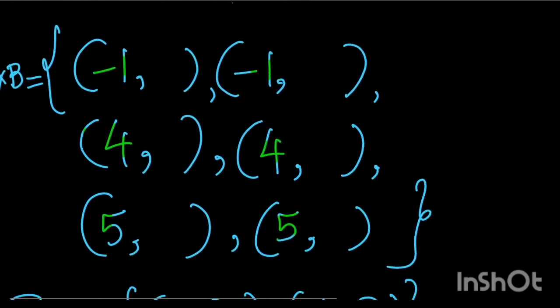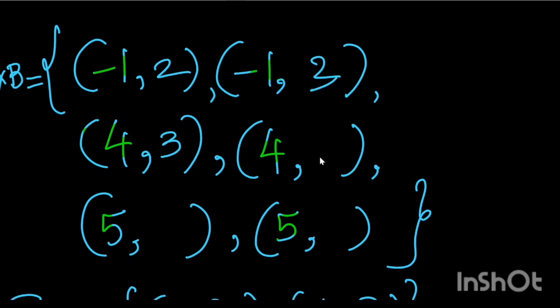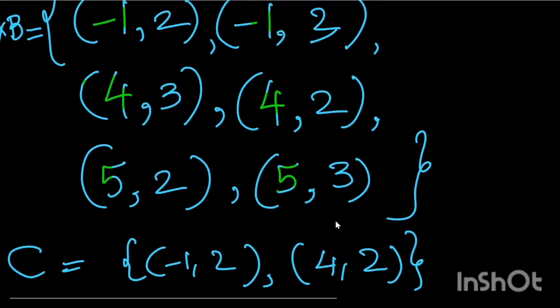So -1 is mapped to 2, then 4 is mapped to 2 and 3. So this is 3. I have written first, okay, then 2, 3. So that way we can write A cross B, we can define it.